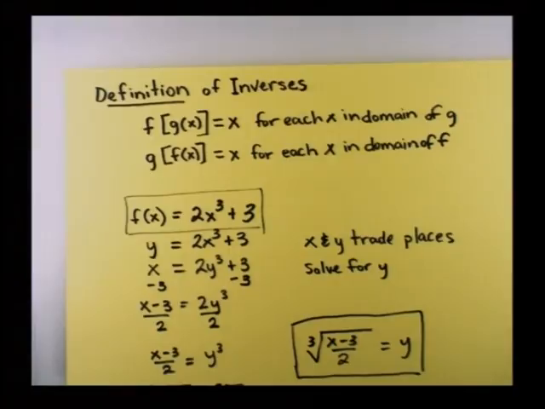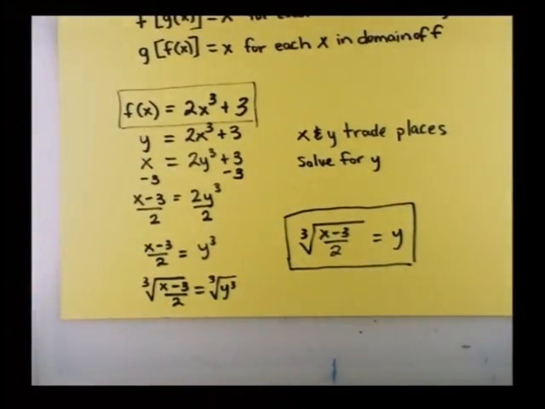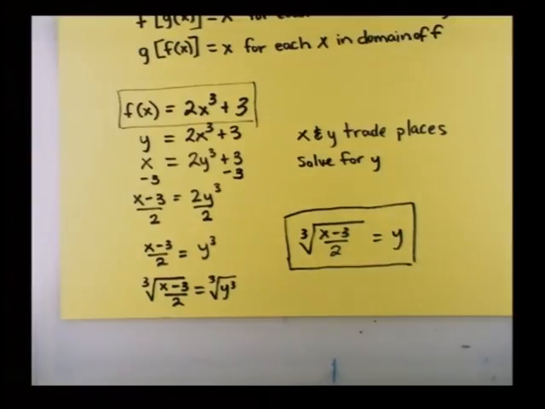So to verify that they really truly are inverses, we're going to do a composition of functions here. We're going to take this and plug it into that to verify that it is truly an inverse, and we should end up with x.